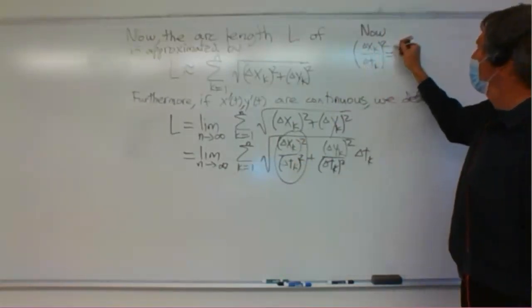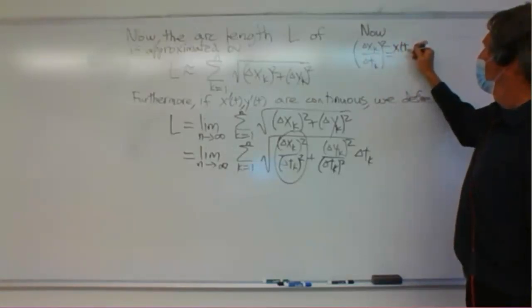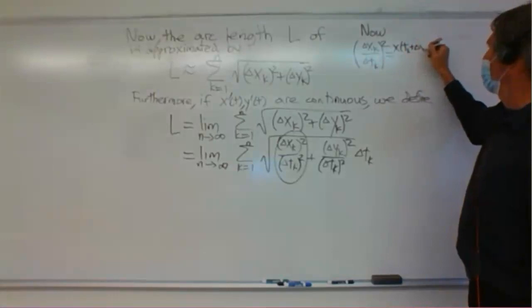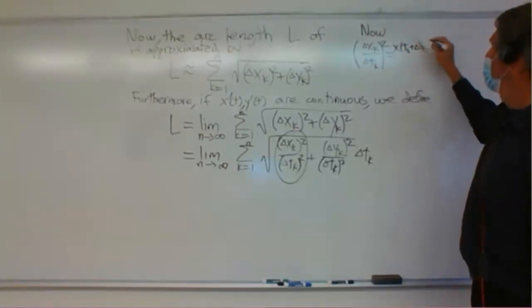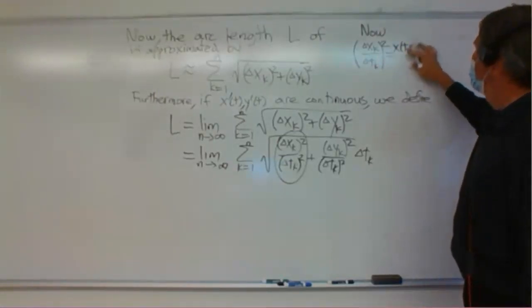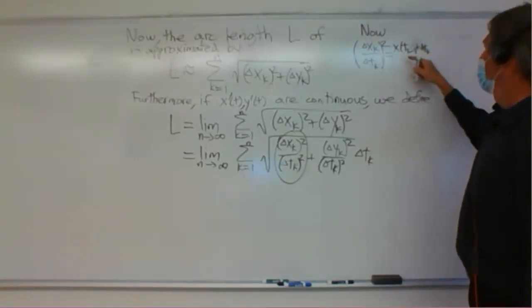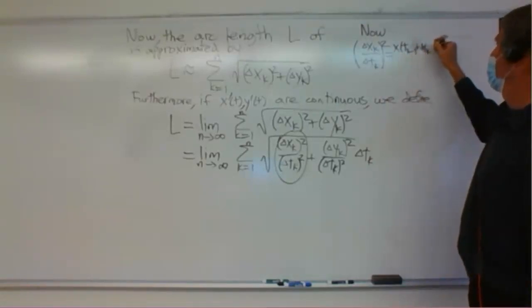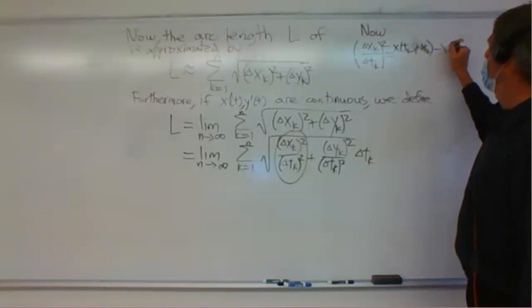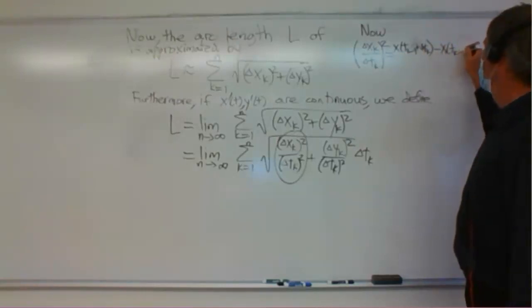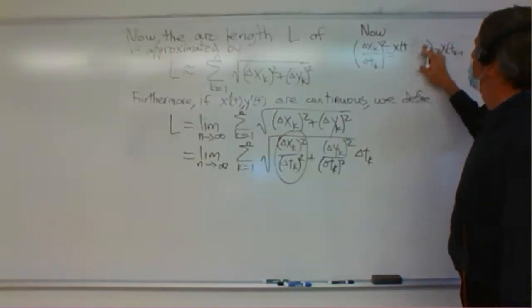But this was x of tk minus 1 plus delta tk. That's x at tk, less x of tk minus 1.